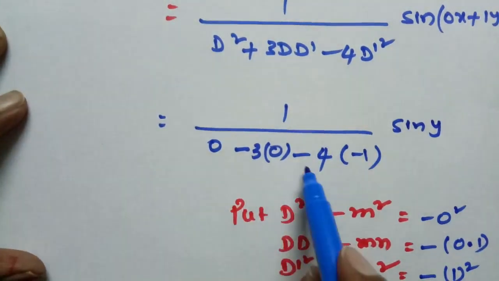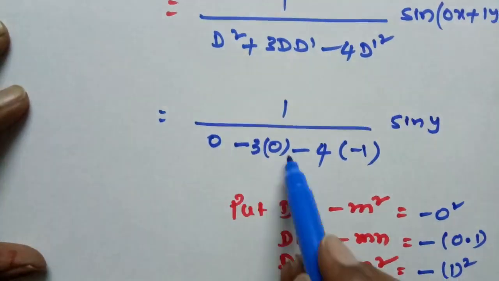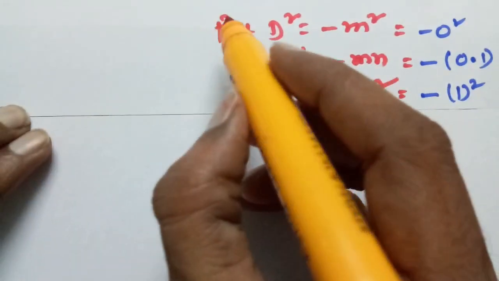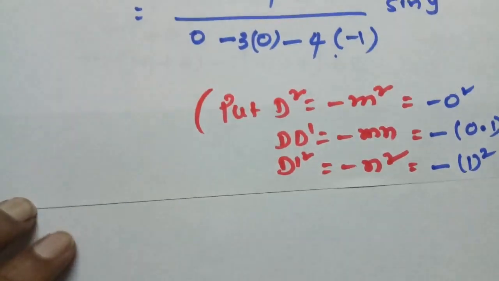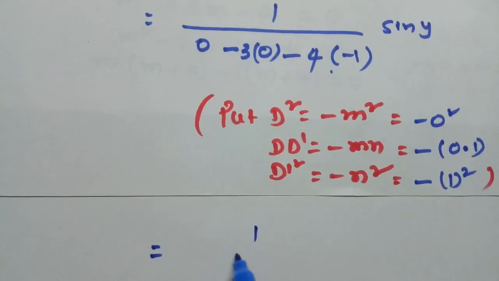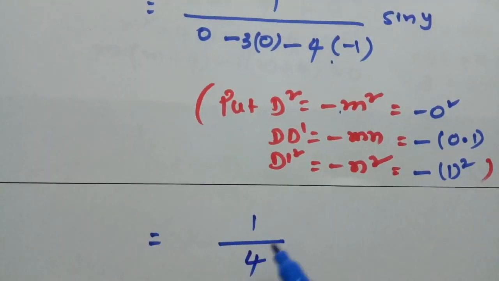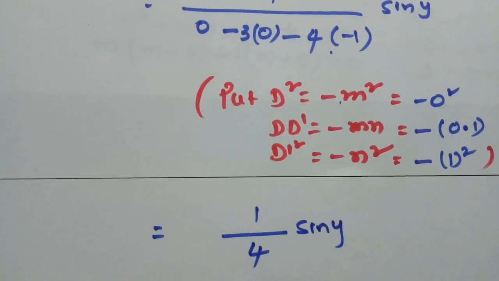Therefore, this is a minus into minus, plus 4. The remaining terms become 0. Therefore, sine y by 4, that is 1 by 4 into sine y. This is the particular integral.